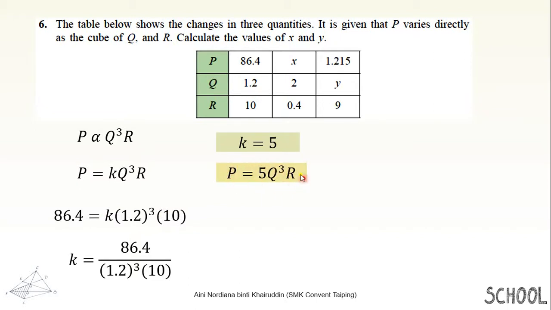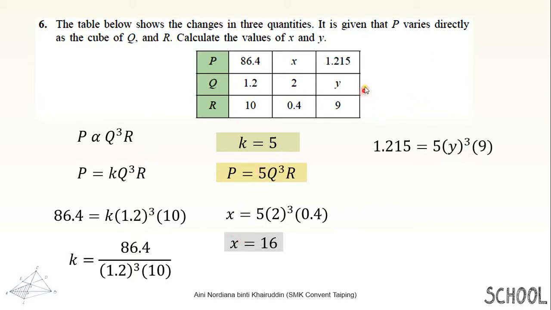So, this is the formula, P equals to 5 Q cube R. Then for this, by using this formula, substitute the value of P as X, Q and R equals 0.4. Then you will get the value of X. Next, using this formula again, substitute the value of P, Q as Y, and R equals to 9.